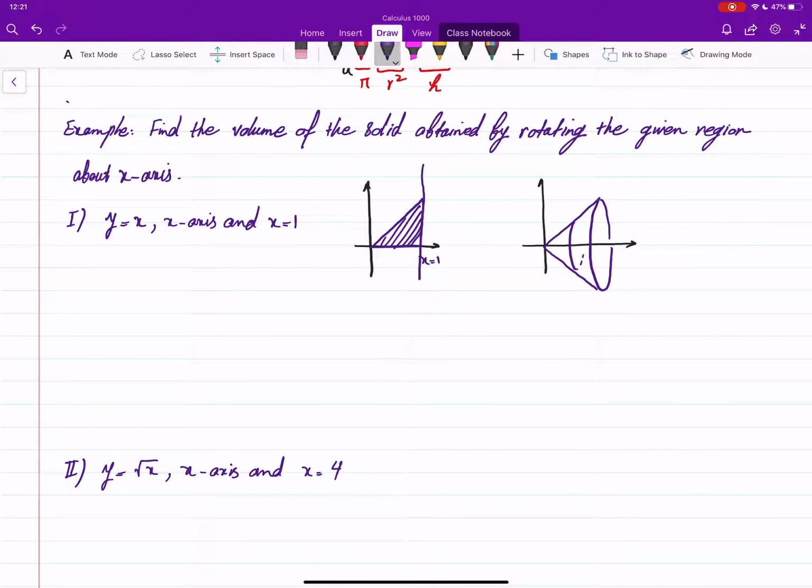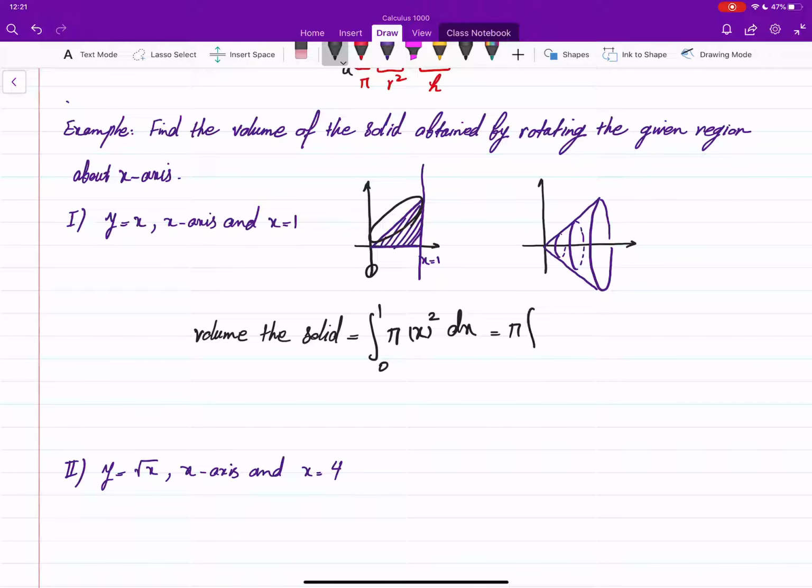And since this is a solid of revolution, we know how to find the volume of the solid. It will go from 0 to 1 of pi, f of x here is just x itself, squared, times dx. Pi x squared dx.